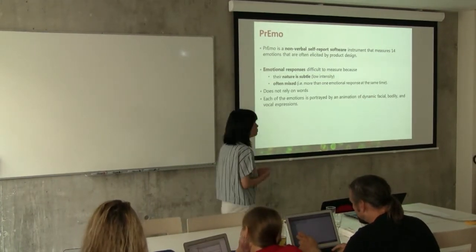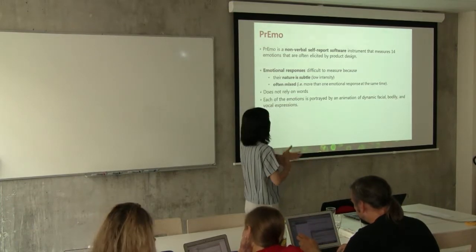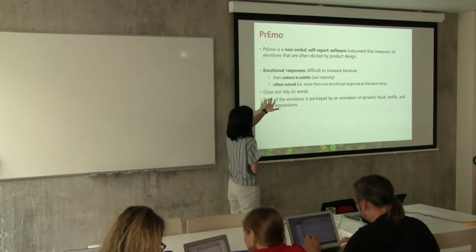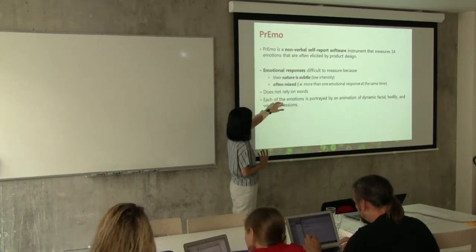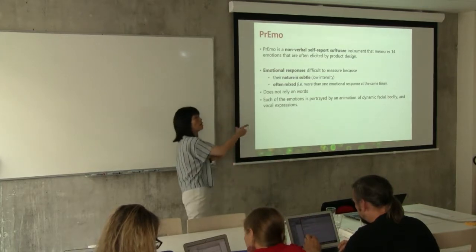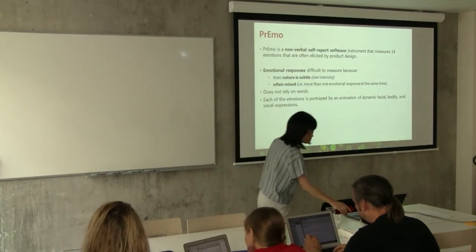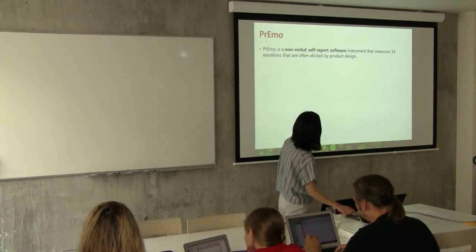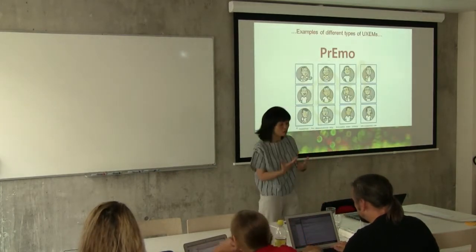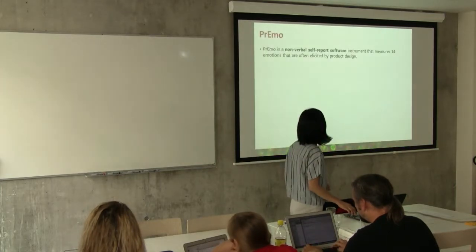But if they see these pictures, they can associate or relate them to the figures. Then maybe it's easier for them to express, or it can stimulate them to talk more about the experience. If they say, I look like this guy, you can ask, if I look like this guy, I look surprised, why do you feel surprised? Then you can stimulate them to talk more.